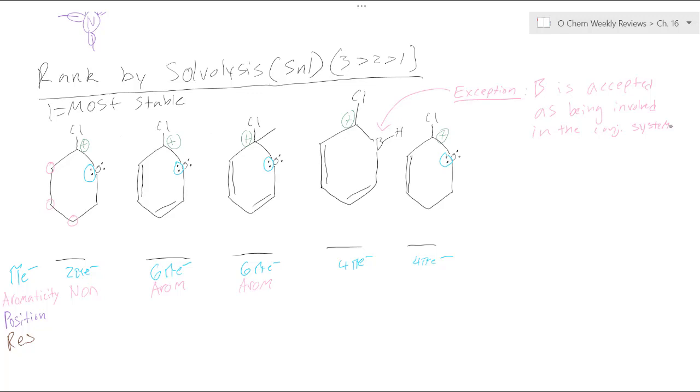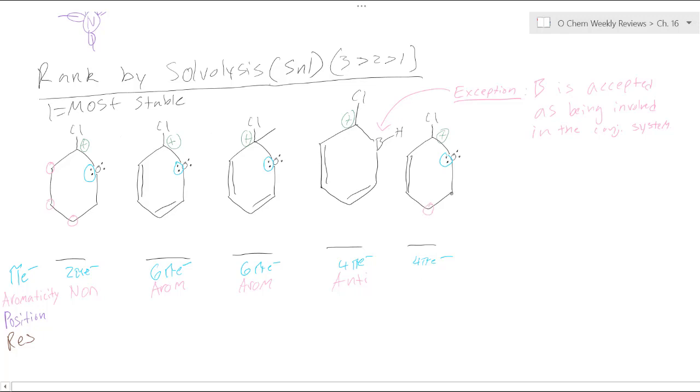But as of right now, we can accept that boron is accepted in the conjugation system. Okay, so this has 4 pi electrons. It's going to be anti-aromatic. Okay, and then lastly, I see 2 more carbons that are sp3, non-aromatic.